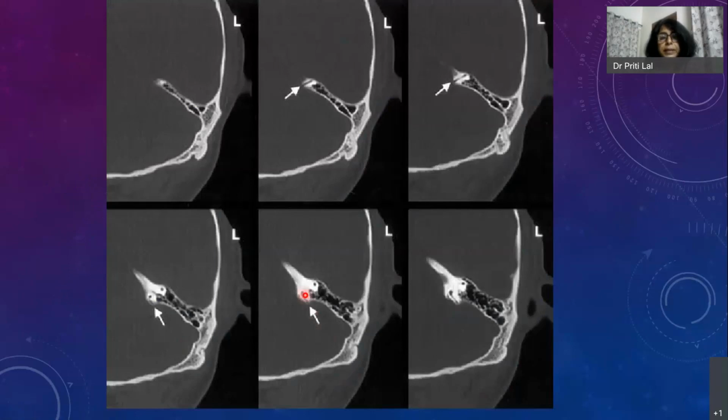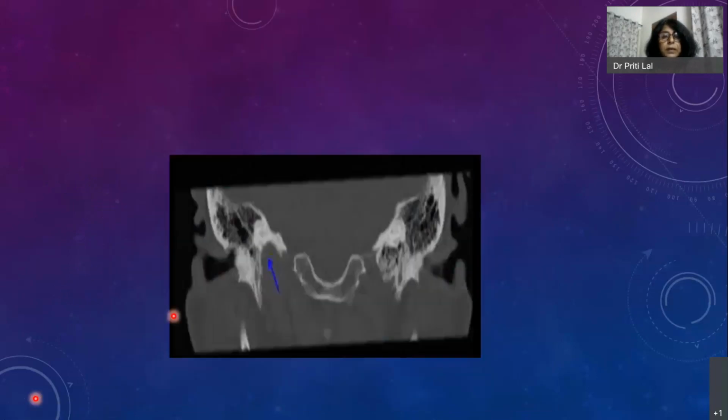For instance, these figures are showing dehiscence of the posterior semicircular canal. This figure also, I hope you are able to appreciate, shows dehiscence of the posterior semicircular canal here. It's a little faded, but that is the best I could get.